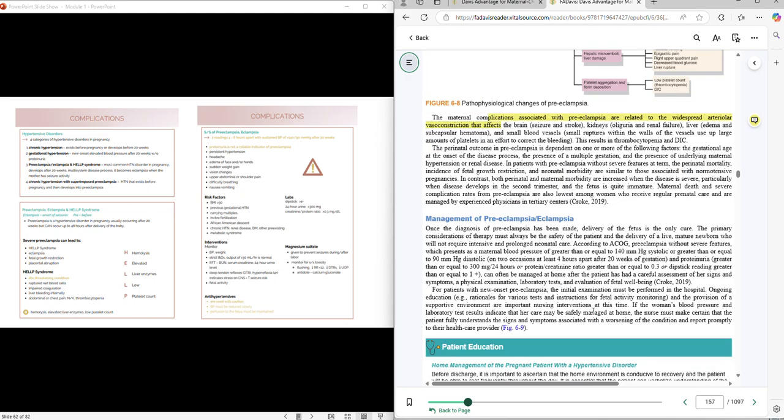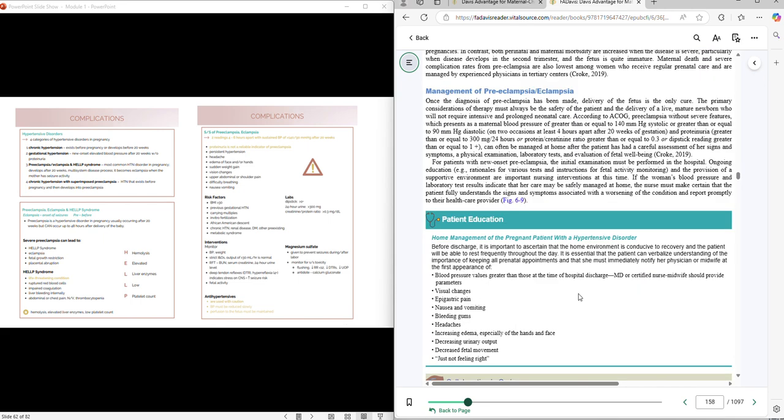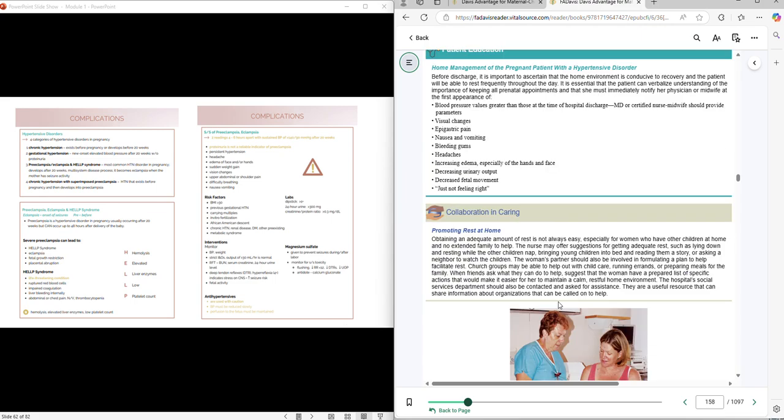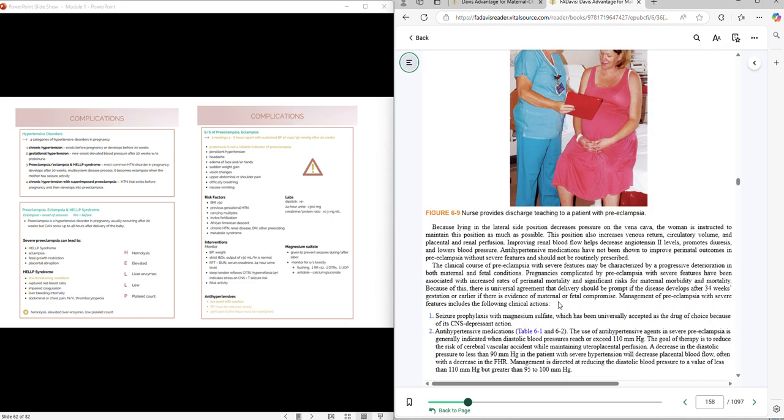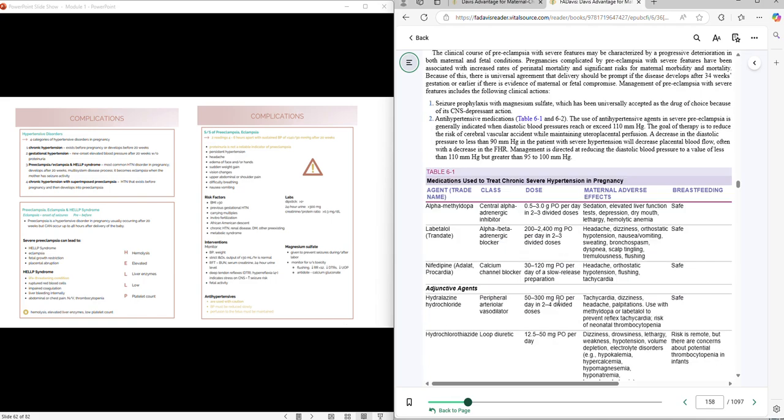Page 158 is management of preeclampsia or eclampsia. Make sure you read through this. Home management is listed here. Visual changes, not feeling right, they need to let their doctors know. Page 159 talks about the different drugs that can treat severe hypertension during pregnancy.